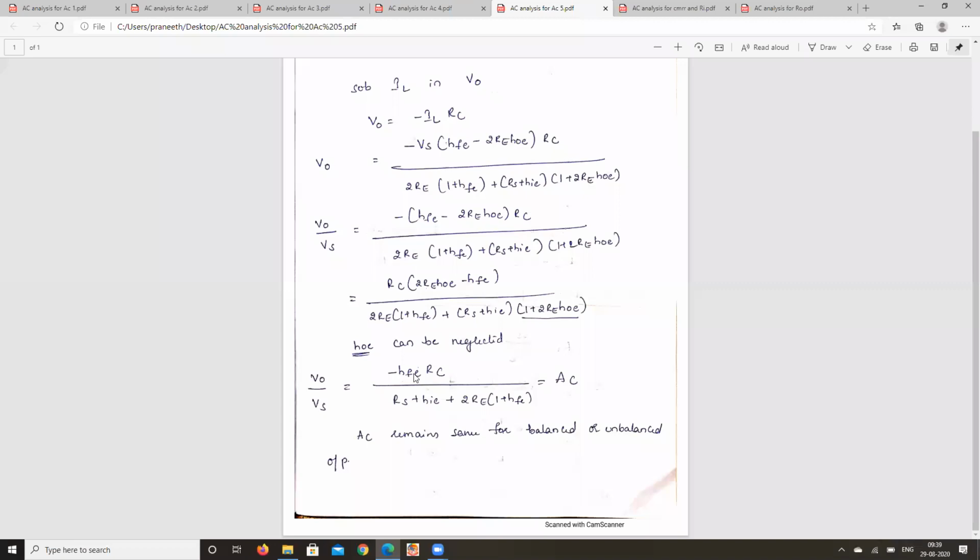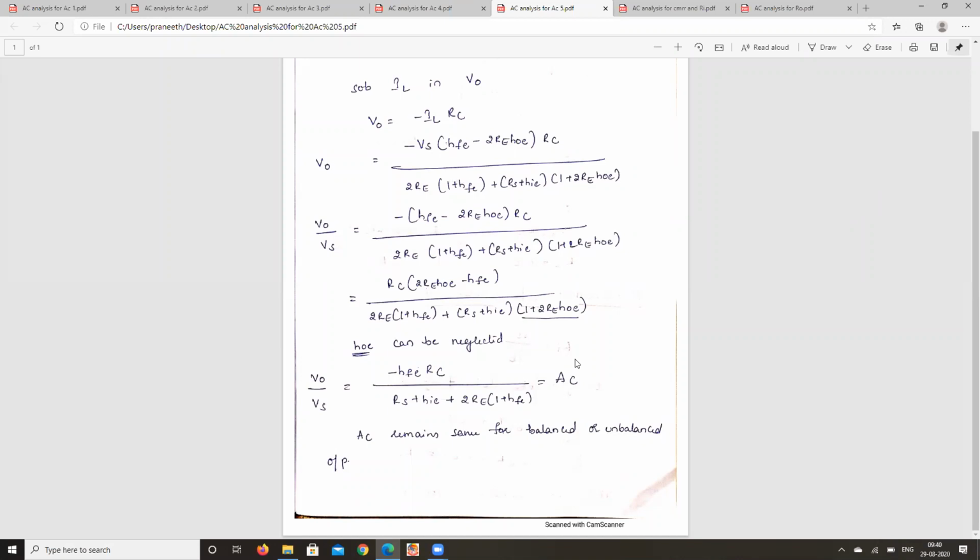So if I eliminate these two terms, we get V naught by Vs equals minus HFE RC by RS plus HIE plus 2 RE into 1 plus HFE. Already we know that V naught by Vs is nothing but your common mode gain.